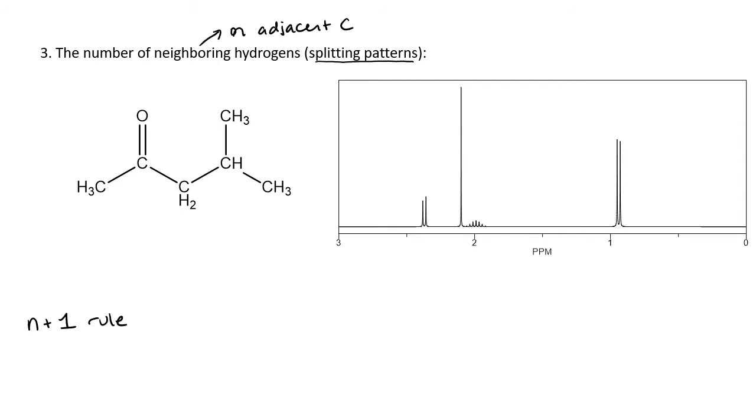And the N+1 rule says that N, which is our number of neighbors, plus 1 will split the peak representing that group of hydrogens into that set amount.